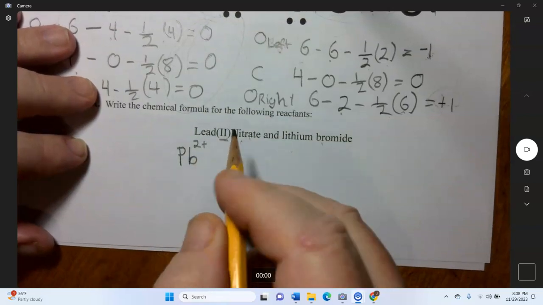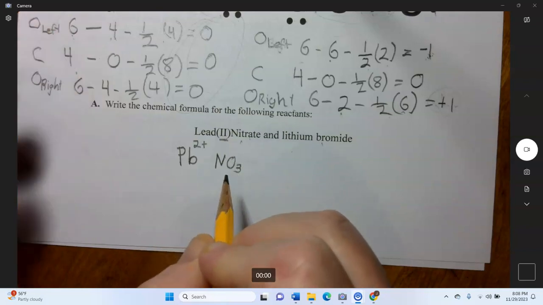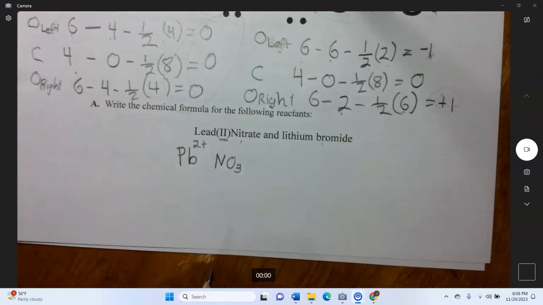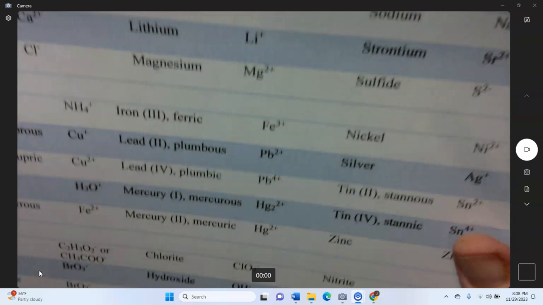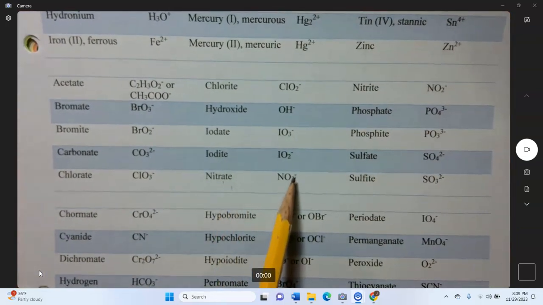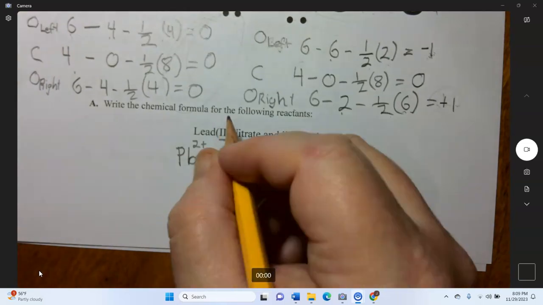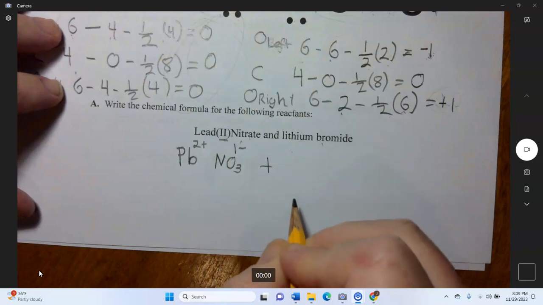And then nitrate, that's NO3. Okay, and where do we find that? We come over to the 60 common ions, and we come down to the third group, and we see nitrate has a 1- charge, NO3, so we're going to put a 1- there, plus lithium.